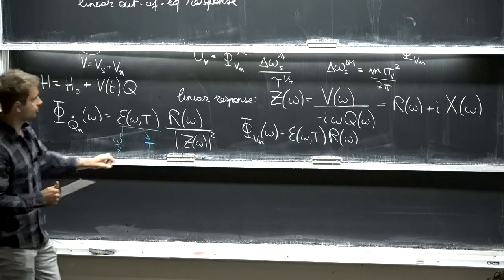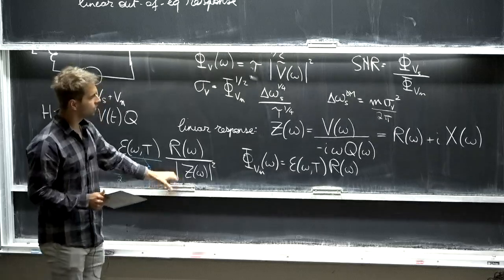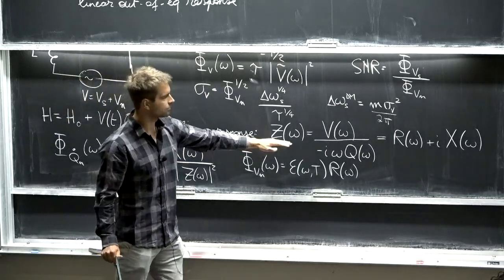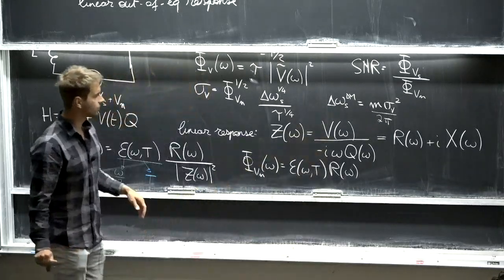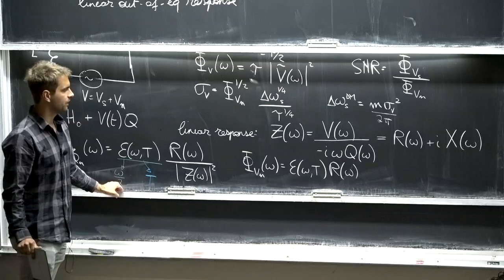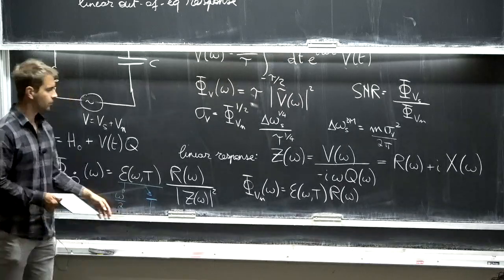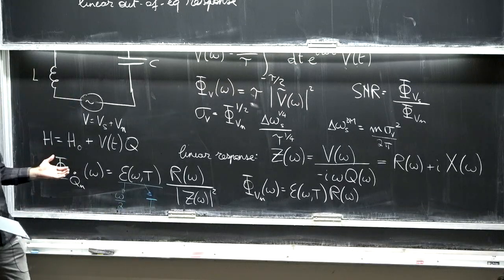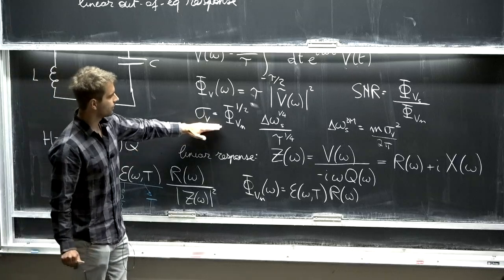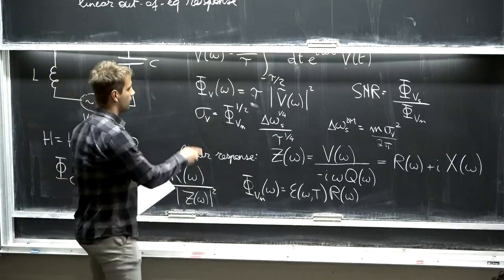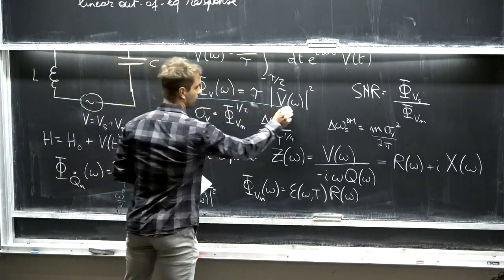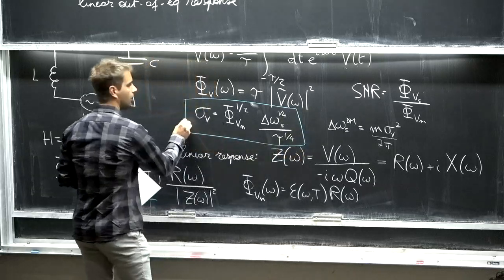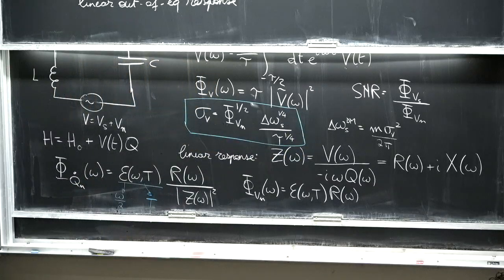Okay, so that's a very powerful way. So as long as you know how your system responds to some external driving force, and you assume that your system is then in equilibrium, you can figure out what the fundamental noise sources of your experiment are.